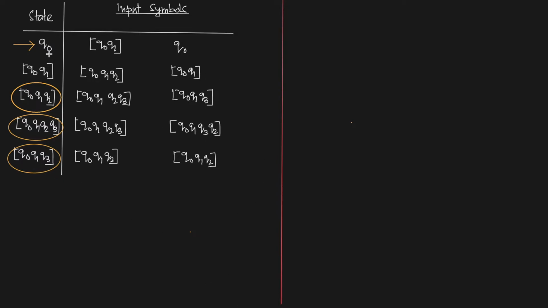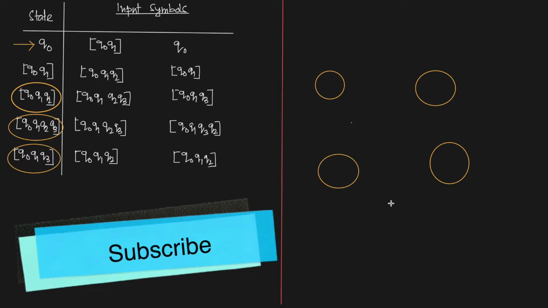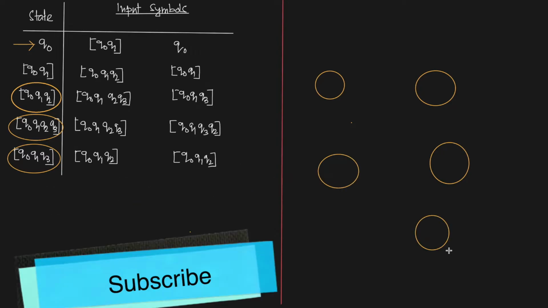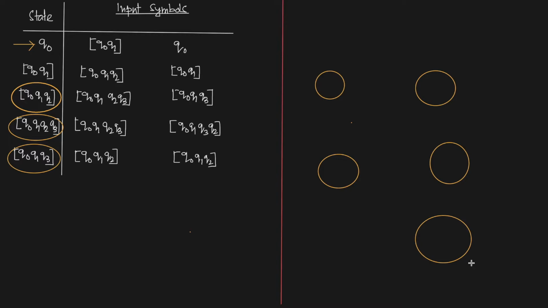So here we have 5 states. Suppose this is Q0, this is Q0 Q1, this is Q0 Q1 Q2, this is Q0 Q1 Q3, and this is Q0 Q1 Q2 Q3.